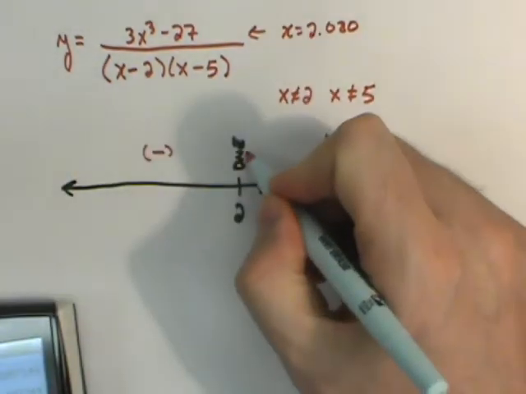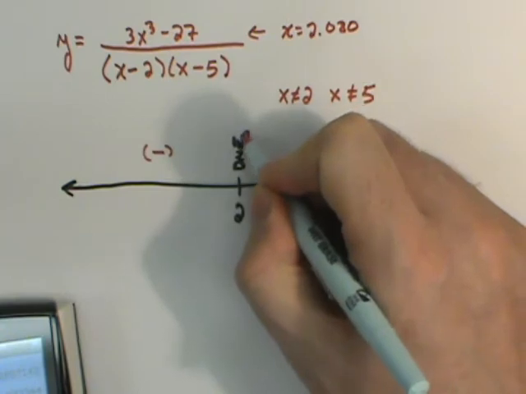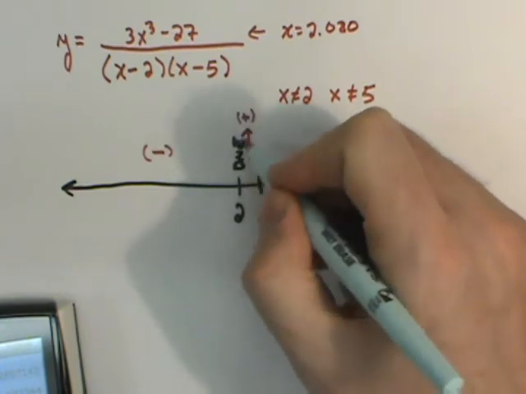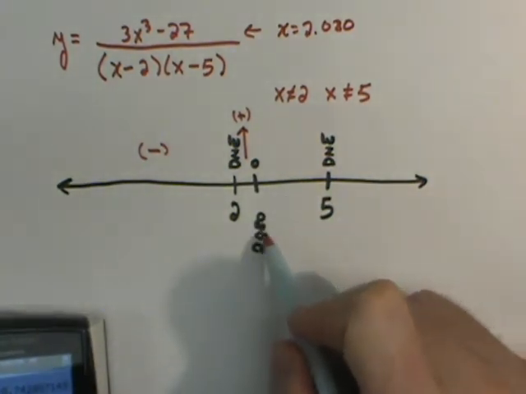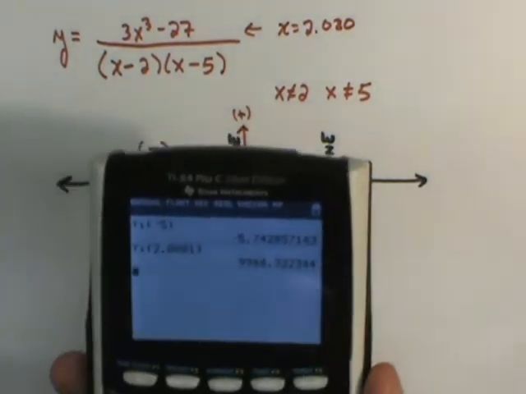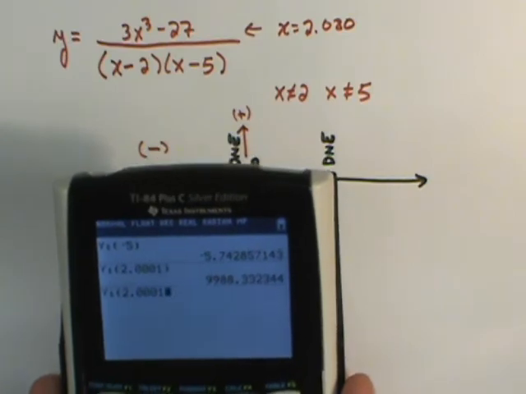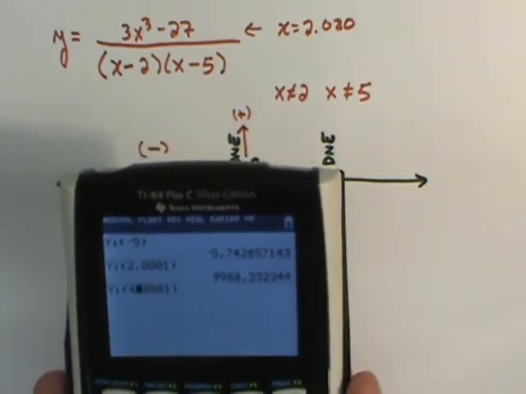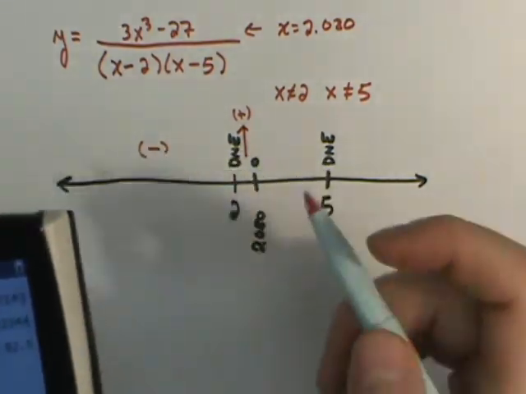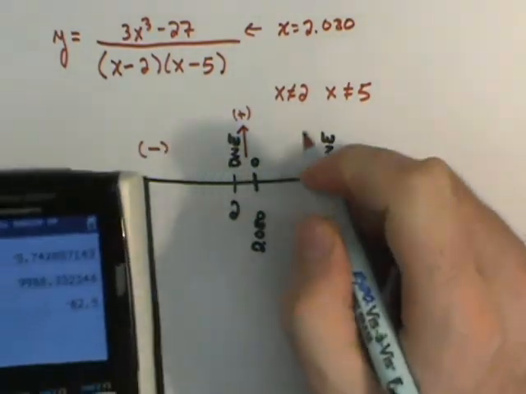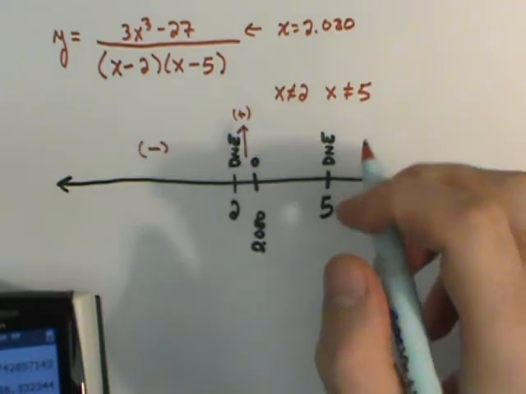So right inside here, this is positive, meaning it's above the x-axis. It goes to 0. Now I want to try a number between this 2.08 and 5, so we can try something like 4. And when I try 4, I get a negative 82. Again, I'm not concerned about the value, but whether it's positive or negative.